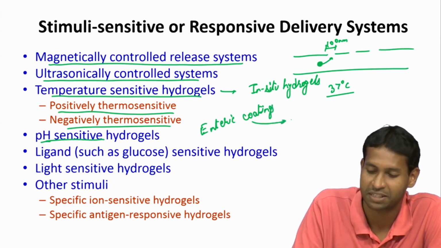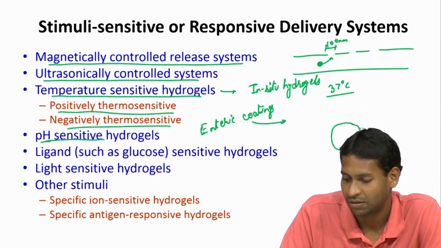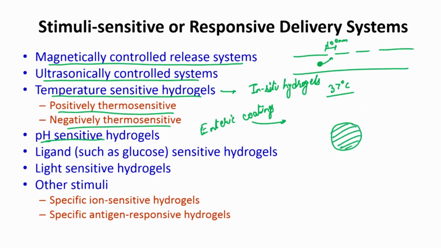Remember, these were coatings that if you have a particle with a labile drug, and if you coat with these polymers that are high in COOH content, then at low pH these are insoluble, and that is going to then protect your cargo, and when the pH increases they will become soluble. So these are enteric coatings. So this is something of a pH sensitive system.